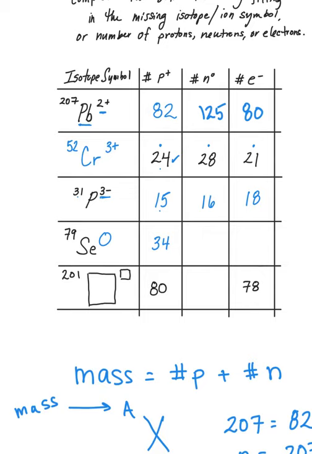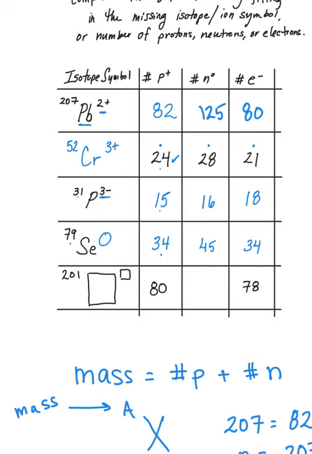Because charges balance between positives and negatives, there must also be 34 electrons. To determine the number of neutrons, we subtract 34 from the mass number 79. 79 minus 34 is 45. There must be 45 neutrons in this isotope.